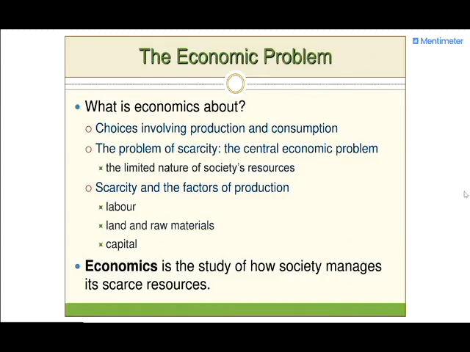If you consume the grain, you will have less grain for producing more for the future. But if you produce more, then you have less consumption today. So it's the trade-off between consumption and production that you'll be dealing with, and that's what economics tries to answer.